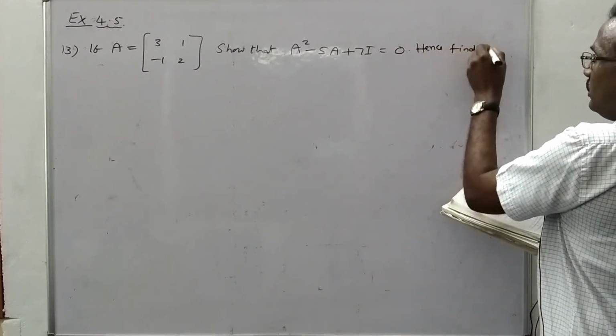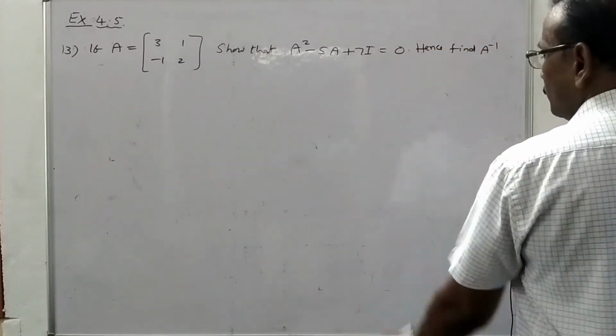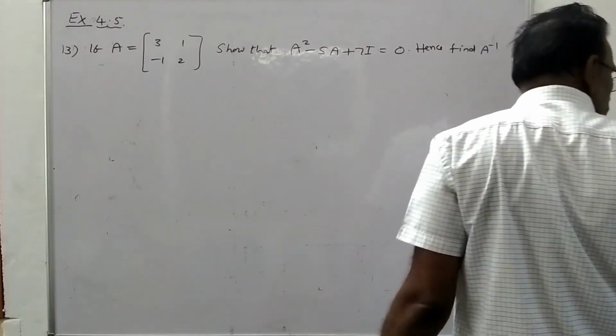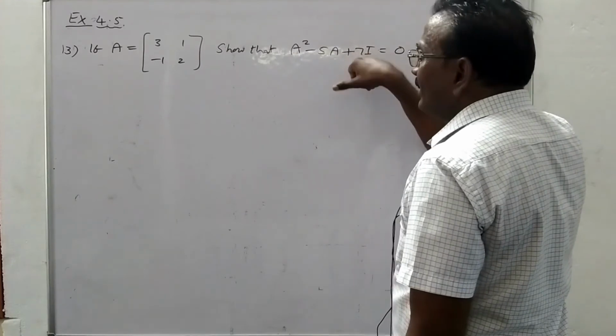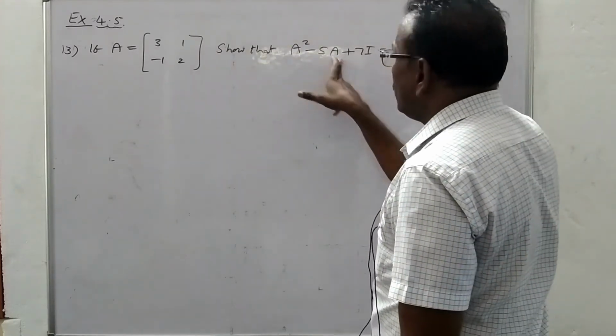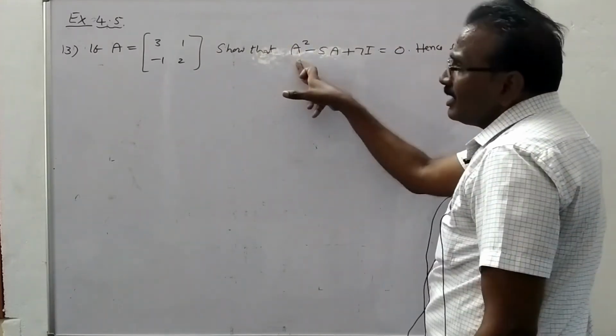Here to prove A square minus 5A plus 7I, I is the identity matrix of order 2, A is already given, we need to find A square first.